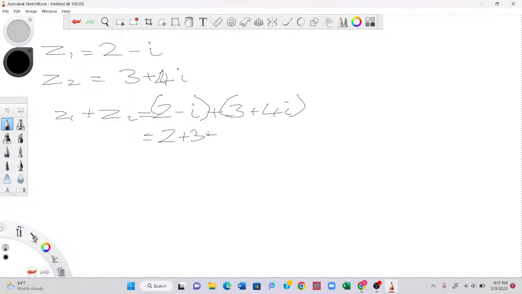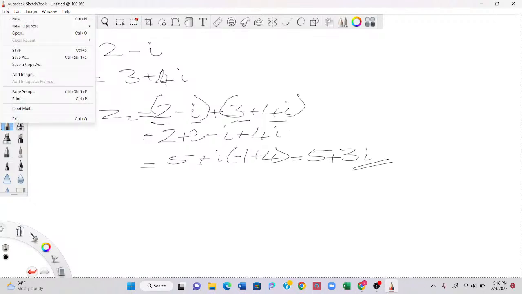So 2 plus 3 is 5. Let's factorize the i out so that we won't get confused: negative 1 plus 4 becomes 3, so 3i. So this will be your final answer, 5 plus 3i. It's simple. That's for the addition: adding real parts to real parts, imaginary parts to imaginary parts.